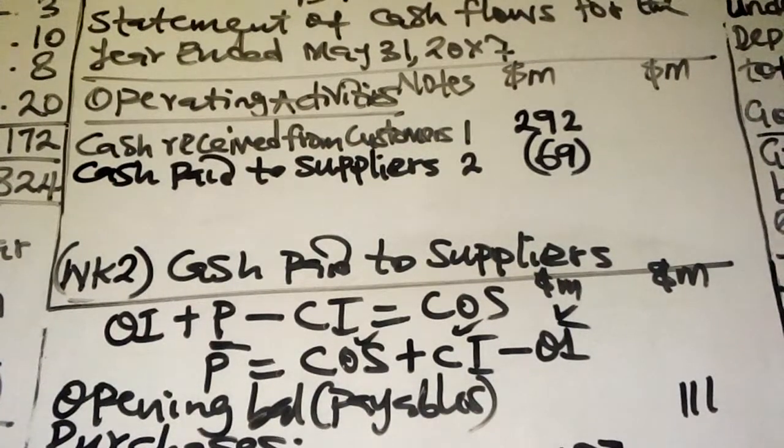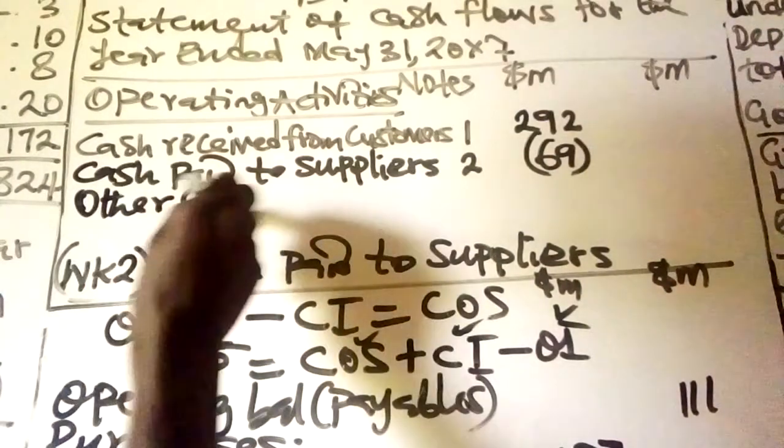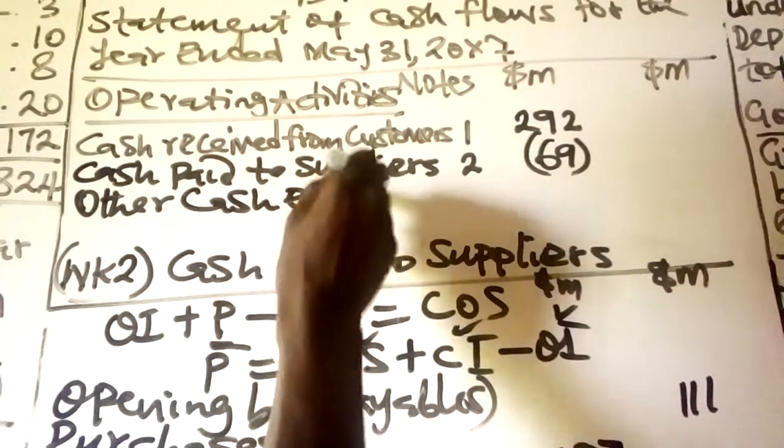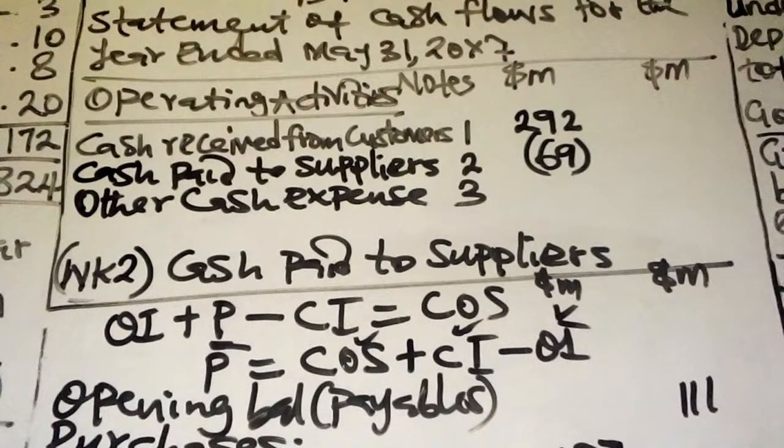After cash paid to suppliers, the next is other cash expense. Let's have that to be note 3. Other cash expense, note 3.